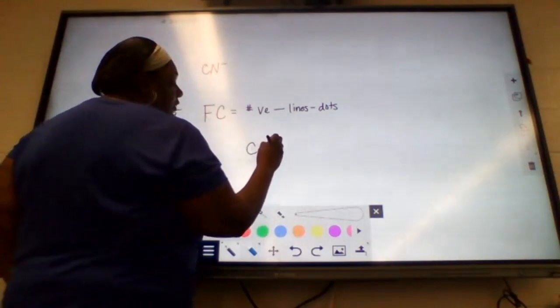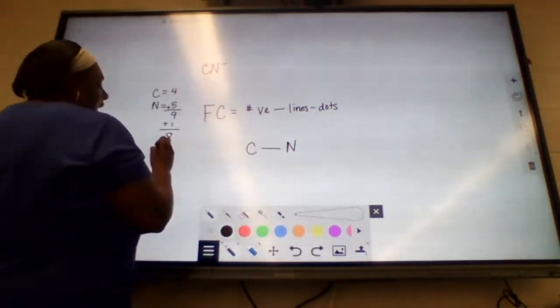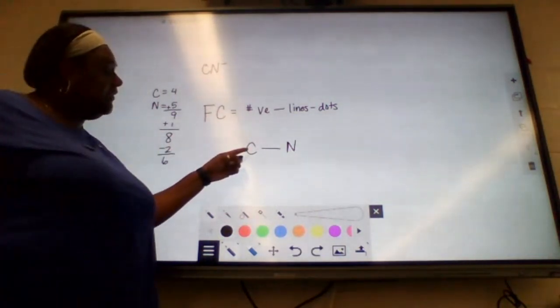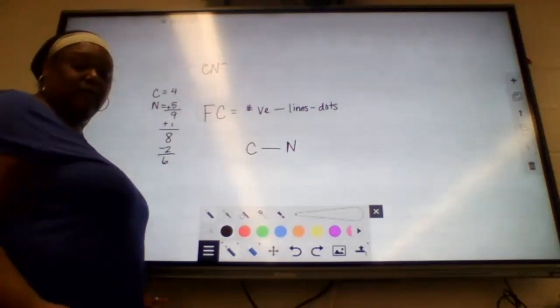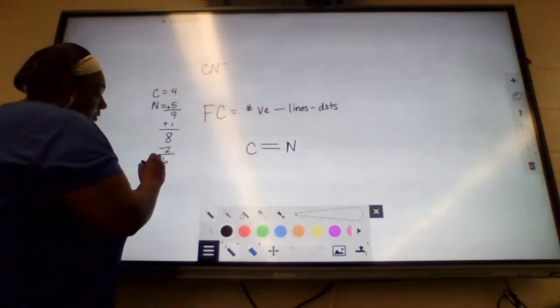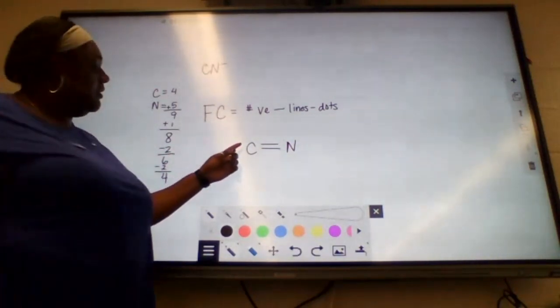So when I draw my structure, I've got C and I've got N. They have to be connected to one another. When I count, I need 6 there and I need 6 there. That makes 12, but I only have 6. What do I do? Draw another line. Count again.